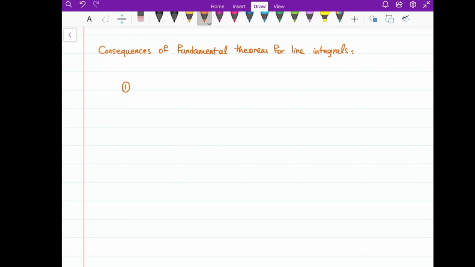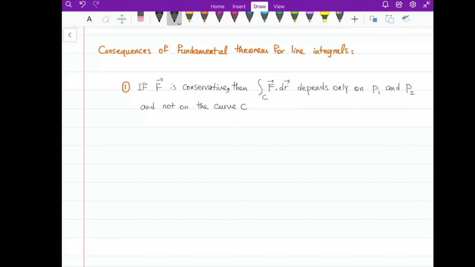The first one is that if F is conservative, then the integral of F dr over the curve C depends only on the points P1 and P2 and not on the curve C. That is, i.e., this line integral is path independent.